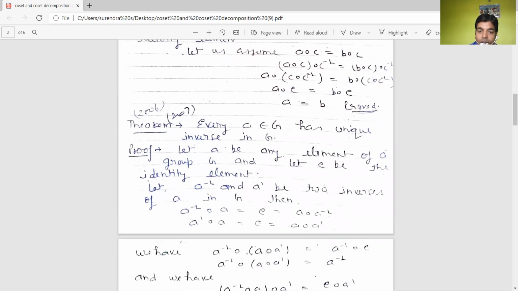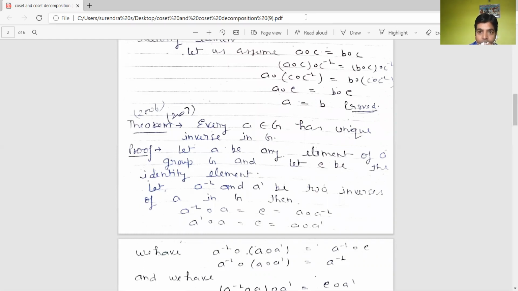Now by the associative law and the inverse law, C operation C inverse can be written as E. So the next line becomes A operation E is equal to B operation E. That implies A is equal to B.